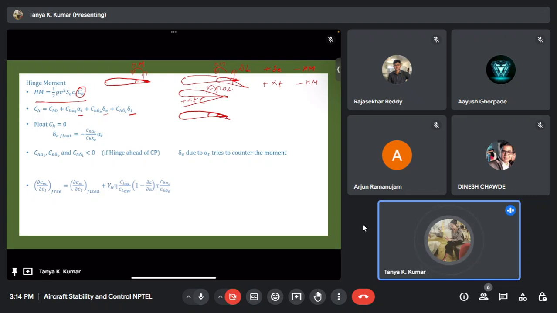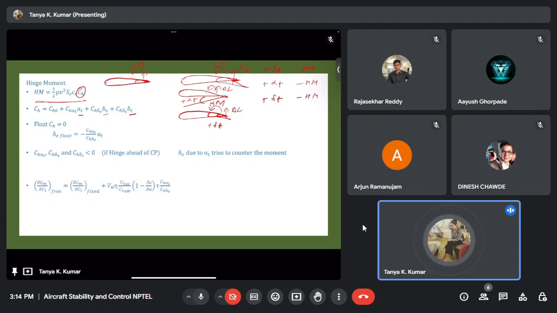If it is floating downwards, it is positive delta T. Again it produces an increase in lift, and this again produces a negative, anti-clockwise hinge moment. So positive delta T also gives you negative hinge moment.